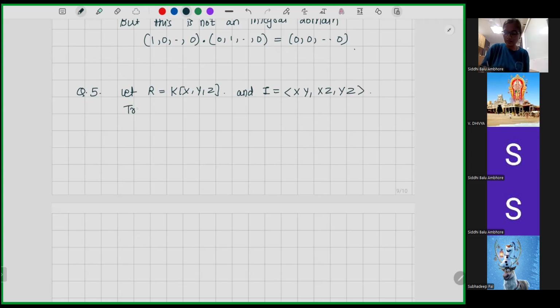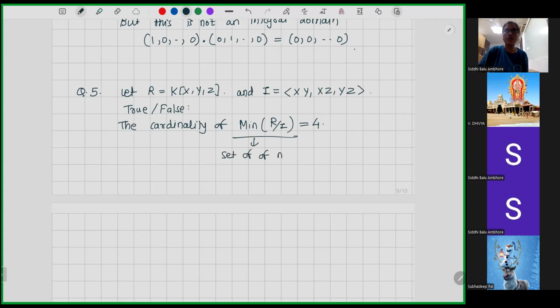They are asking true or false: the cardinality of Min(R/I) is 4. So this Min(R/I) is the set of all minimal primes of R/I.